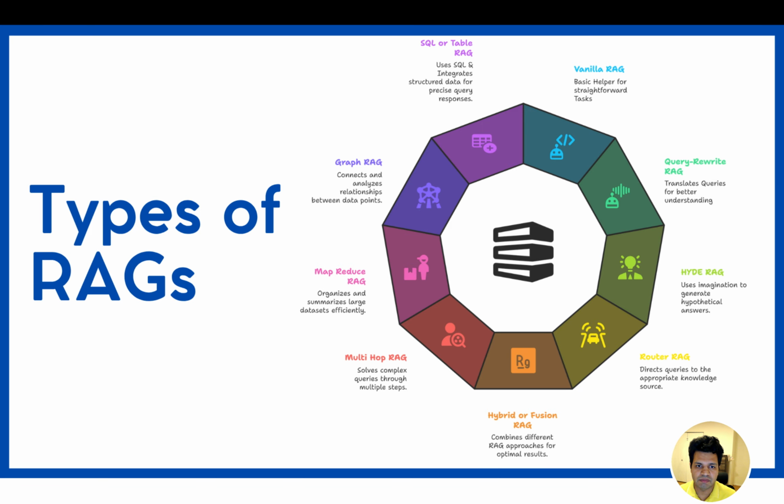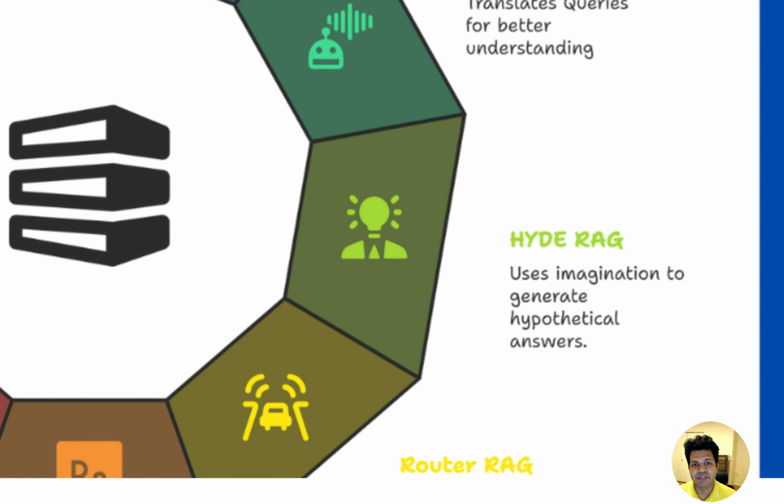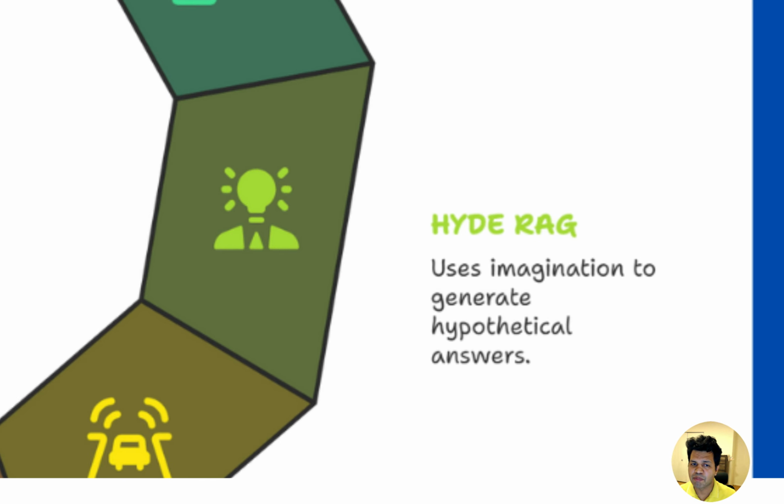As far as real world applications are concerned, this type of RAG is used in help desks, voice assistants, and chatbots for beginners. Moving on to the third type of RAG, which is called HyDE RAG, the imagination expert. HyDE stands for hypothetical document embedding. Sounds big, right? Let's make it easy. HyDE is like when you imagine an answer before you search for it. For example, a chef asks his AI, "What's a good dessert for summer?"